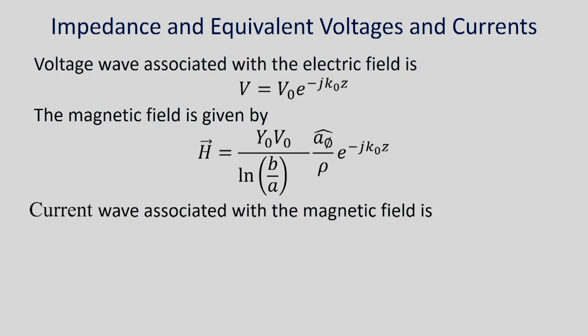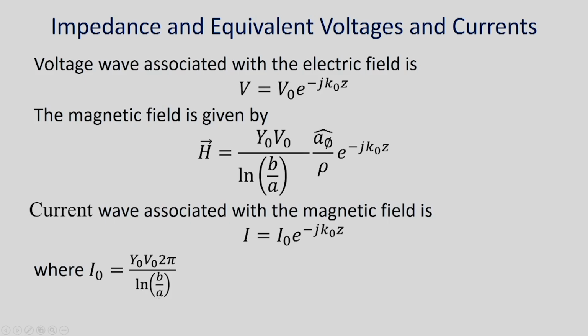The current associated with the magnetic field can be written as I = I0 e^(-jk0z). Please note that Y0 is the characteristic admittance and I0 is given by 2 pi Y0 V0 / ln(b/a).